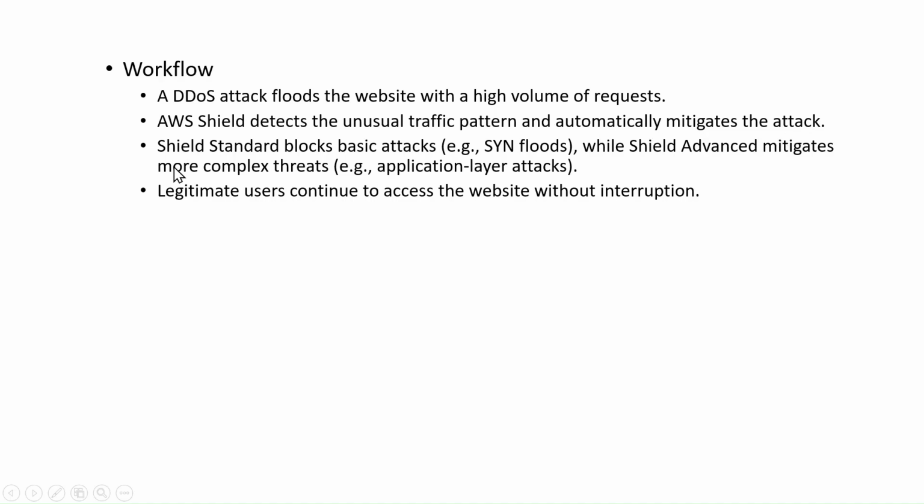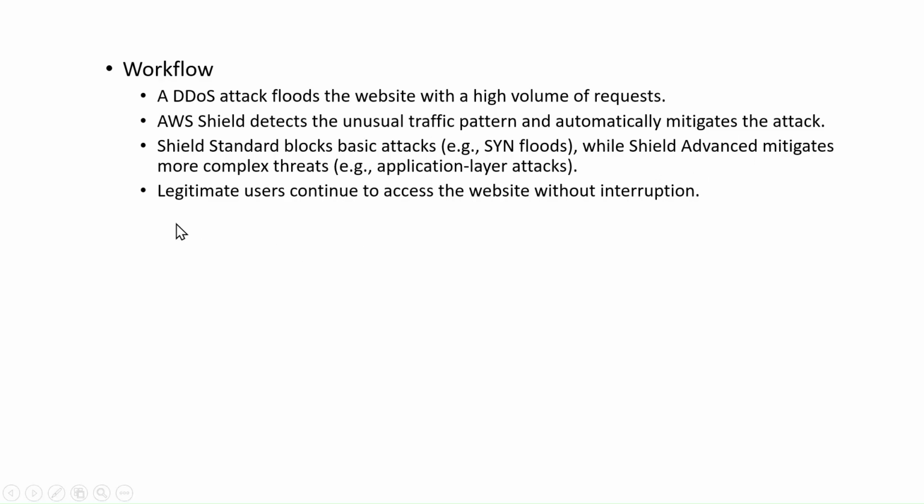Next, it takes action and blocks it. Shield Standard blocks basic attacks like SYN floods, while Shield Advanced mitigates more complex threats, that is application layer attacks. So if you want to protect the application layer, they recommend going with the Advanced one.